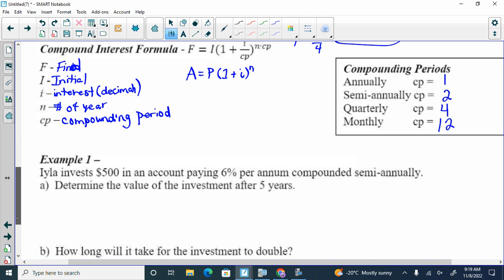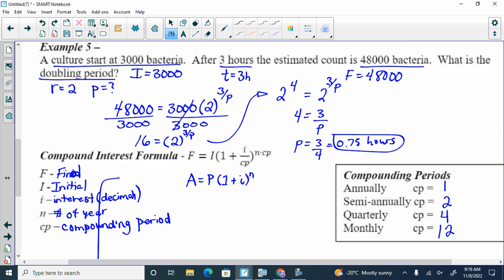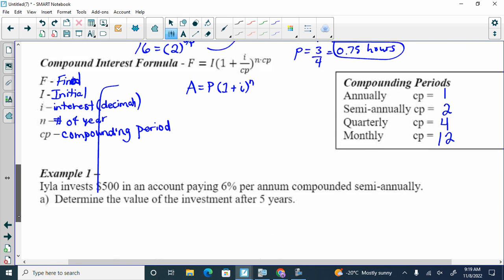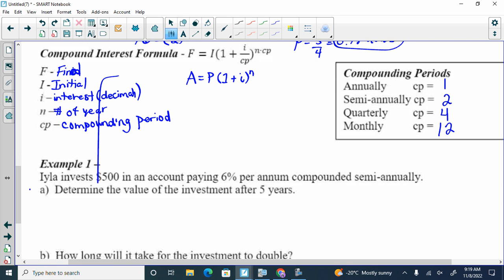So, let's go here. Isla invests $500. $500. Is that initial or final? She's putting it in. In an account paying 6%, what's that? So that's my i equals 0.06, but I always have to remember to divide it by something.